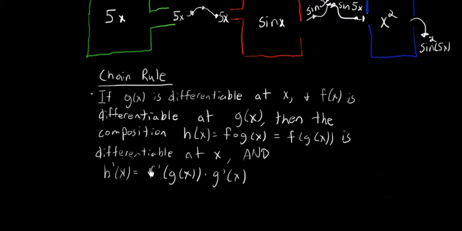In particular, the derivative of this composition is h prime of x, and it is f prime of g of x times g prime of x. So what is this saying? The derivative of this composition is the derivative of the outer function evaluated at the inner function applied to x, times the derivative of the inner function at x.